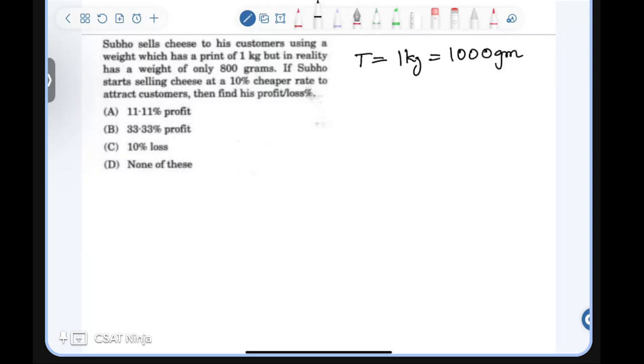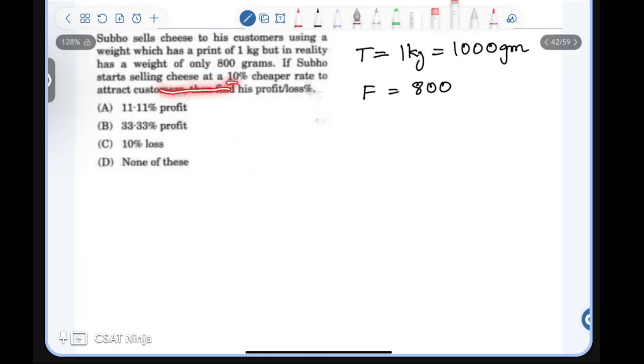In reality, the weight is 800 gram, which means the false weight he's using is 800 gram. If Subho starts selling cheese at 10%, the twist is this one: selling cheese at a 10% cheaper rate.